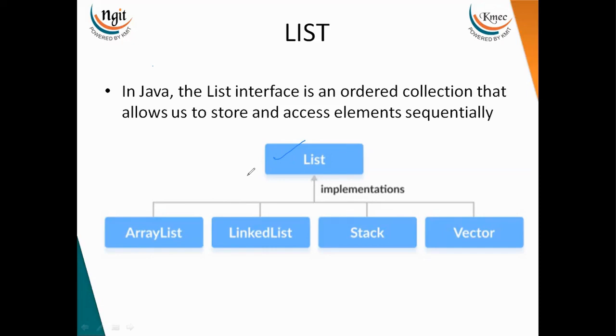Here, the inbuilt data structure of this list is the list data structure only, right? There we can store an ordered collection of elements. It can have duplicate elements. So these are the two properties of the list interface. Now, first we will discuss the array list, followed by linked list and so on.